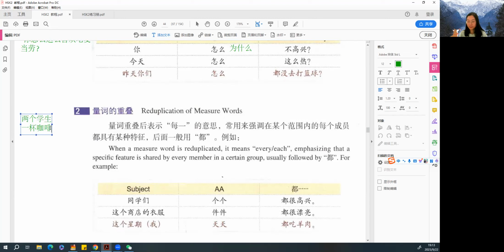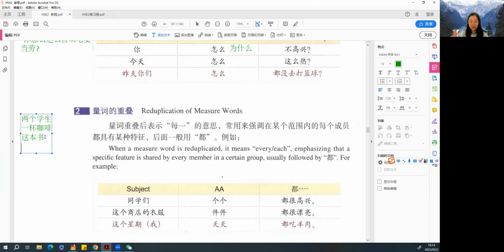And we also learned in HSK 1, 1 book, 2 books, 3 books, that book, this book, we use 本, 这本书. Remember? 这本书, this book. We use 本 as the measure word.